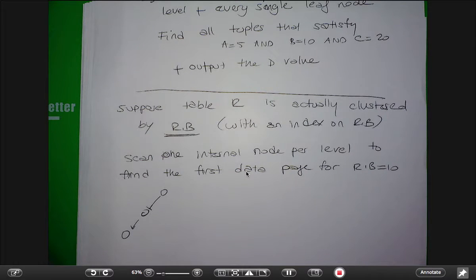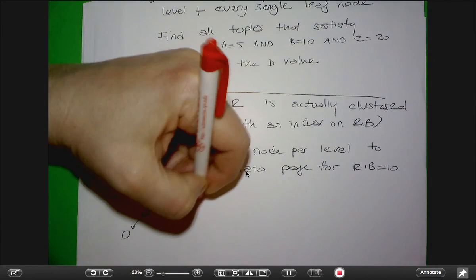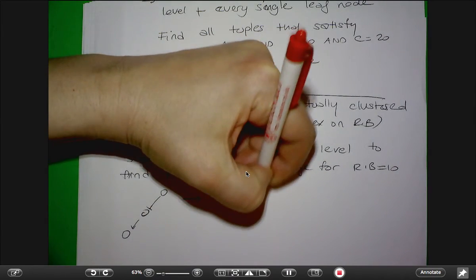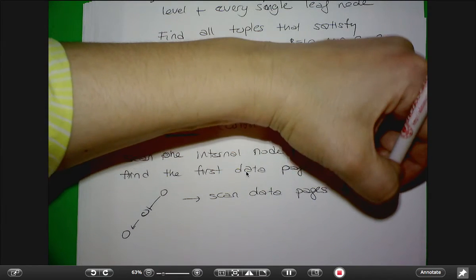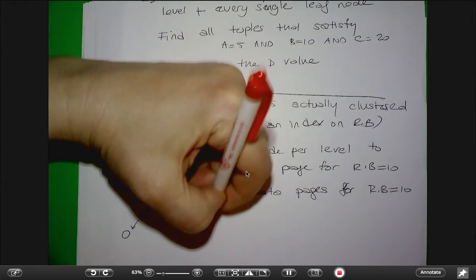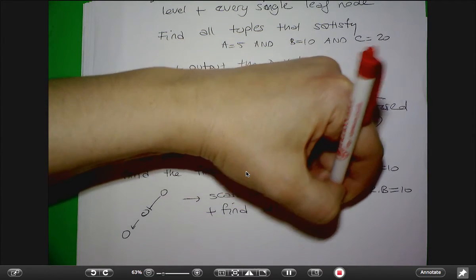In the data pages, I have all the tuples with B equals 10, then B equals 11, and so on. Since this is sorted on B, I can just start scanning the table. So I scan data pages for R.B equals 10 and find all possible matches to the query.